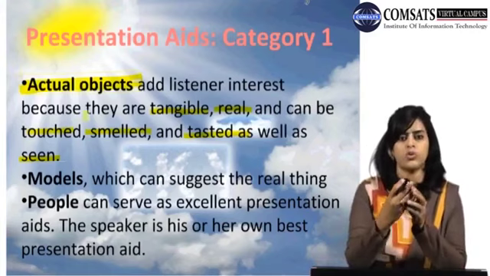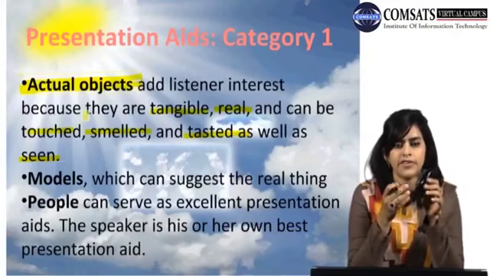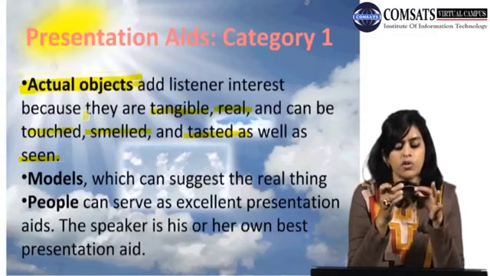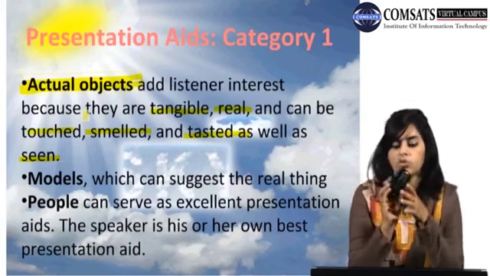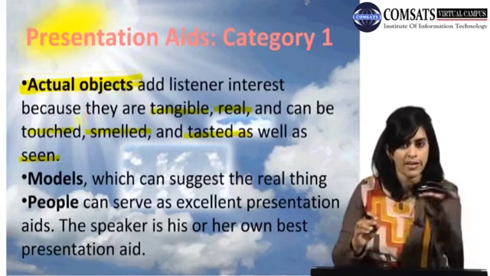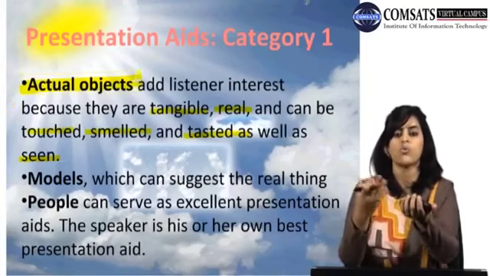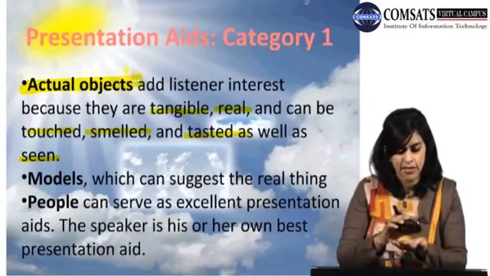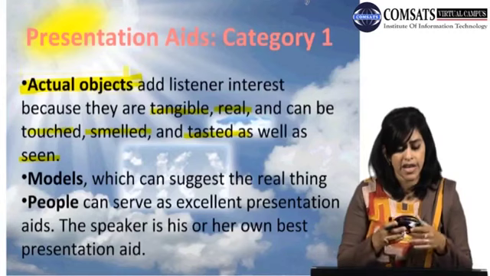For example, if I want to deliver my presentation on the mouse, I can bring in one mouse, and if I want to tell them the different parts of the mouse, I can display it in front of them, and I can also give my audience the chance to take it in hand and see how it looks. They can touch it, feel it, and see it from every aspect.